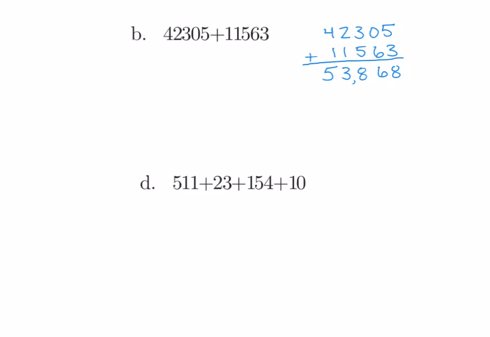Okay, let's go ahead and try a couple more. Example C, we have 212 plus 35. Now if you notice here, our numbers do not have the same number of digits, so this is where we do need to be careful when we line up our numbers. I'm going to put 212 on top.